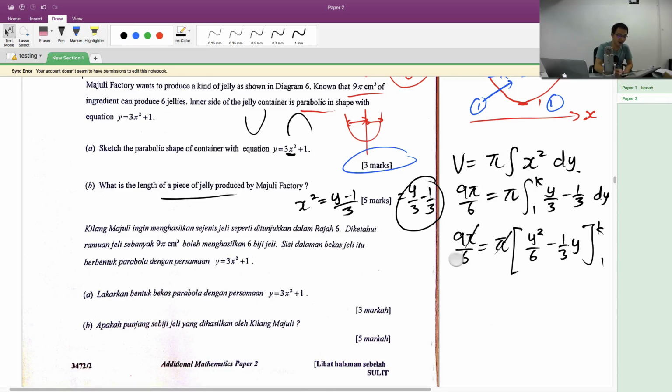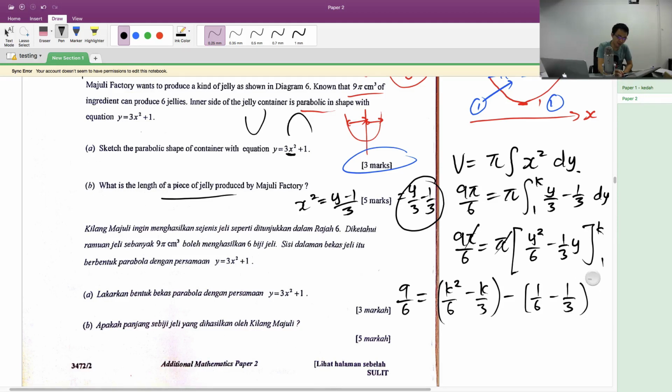Pi and pi I can simplify definitely. So 9 over 6 equals, I substitute k into here, so I get k squared over 6 minus k over 3, and then minus 1 over 6, and then minus 1 over 3.